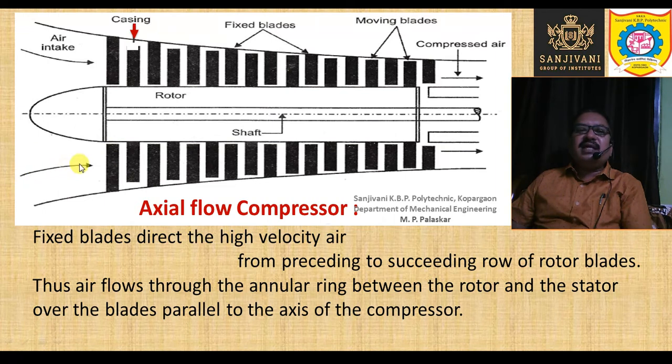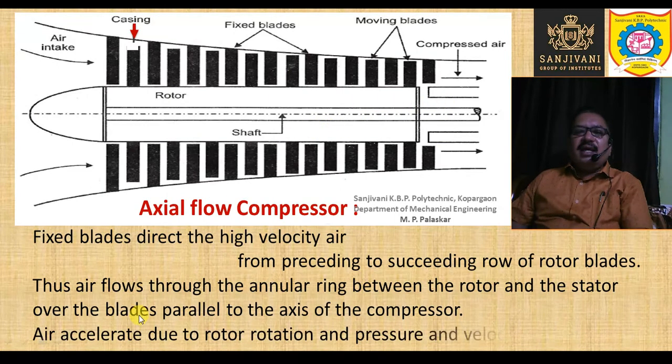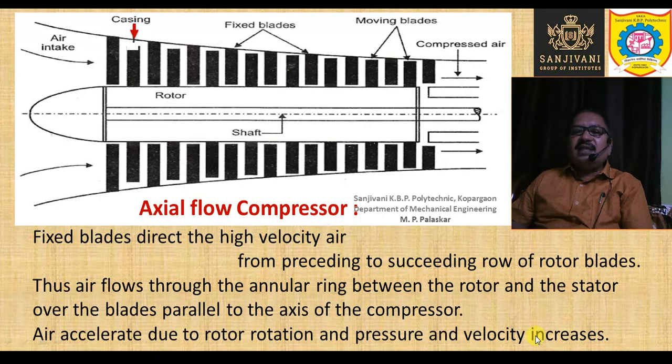So here the air enters and here the air leaves, and it moves in this direction from left to right in this case. Air accelerates due to rotor rotation, and pressure and velocity increase. So due to the rotation of the rotor, the pressure and the velocity increase, and thus we can see that the air accelerates.